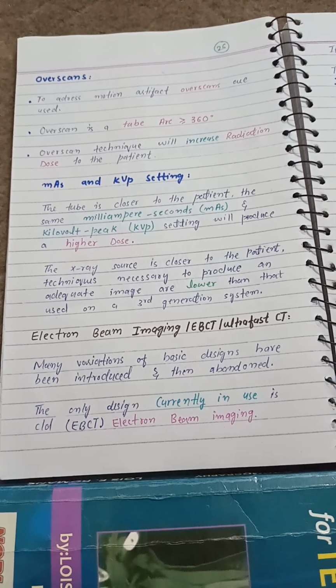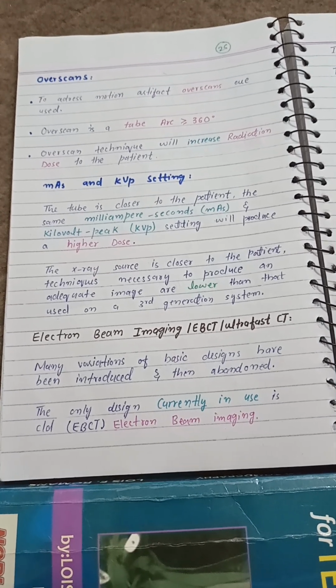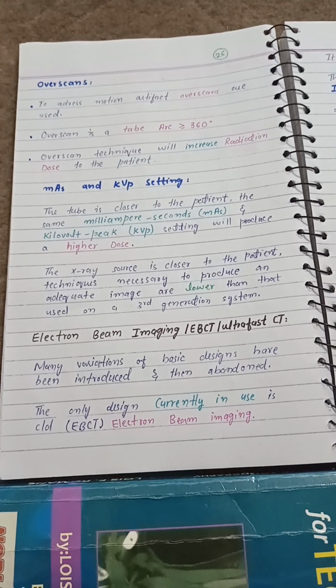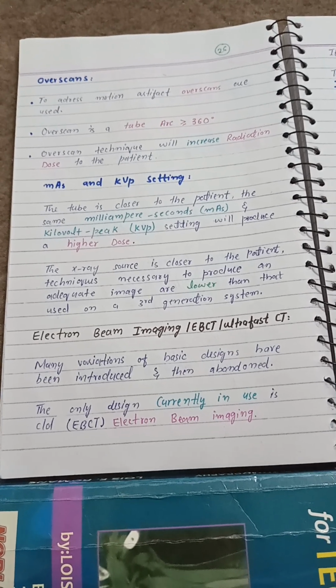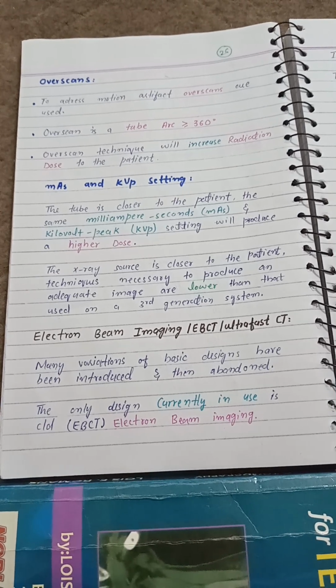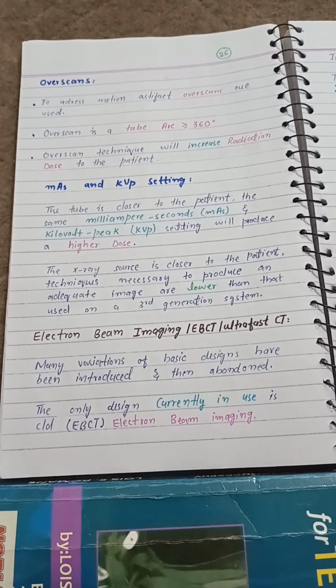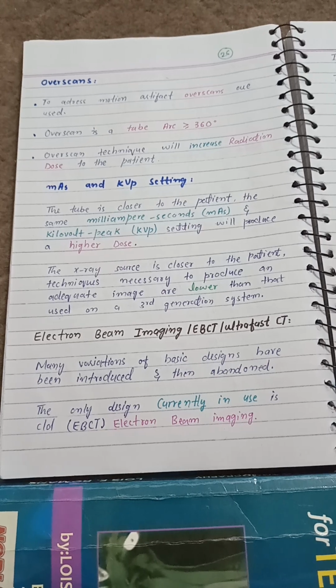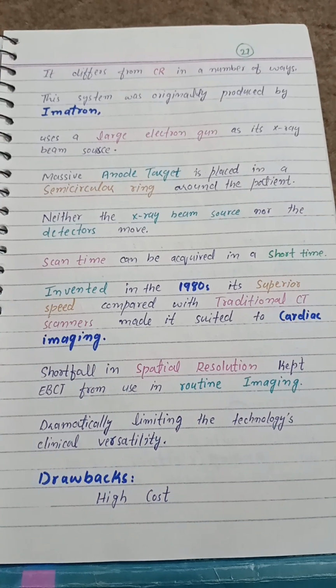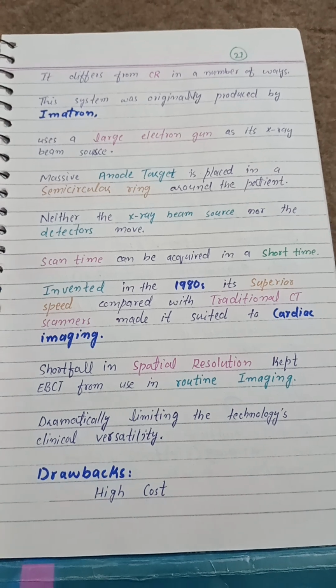Electron beam imaging, EBCT, ultra fast CT. Many variations of basic designs have been introduced and then abandoned. The only design currently in use is called EBCT, electron beam imaging. It differs from CT in a number of ways.